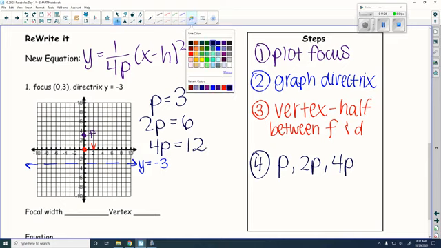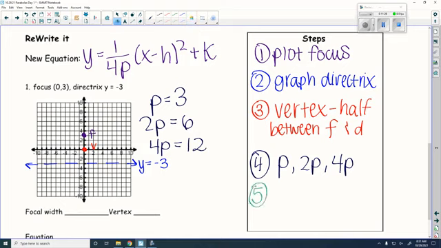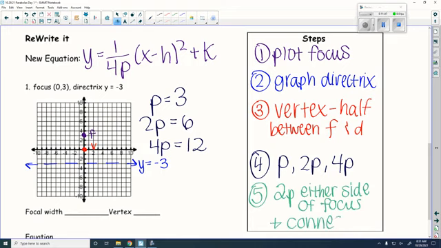So the last real step to be able to graph is going to be to go 2P spaces, 2P on either side of the focus. That's why it's important to label which one's your focus. And then connect your points.